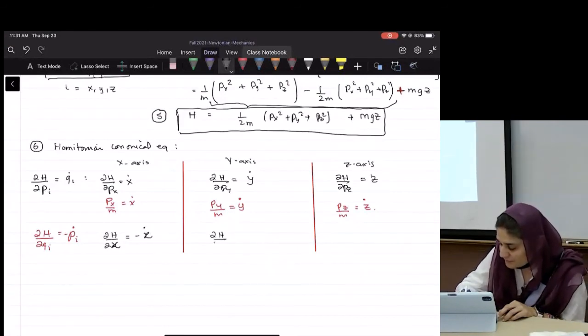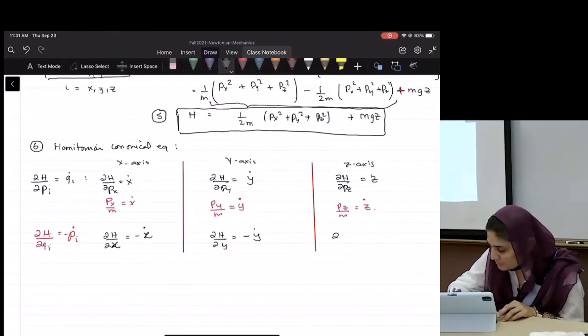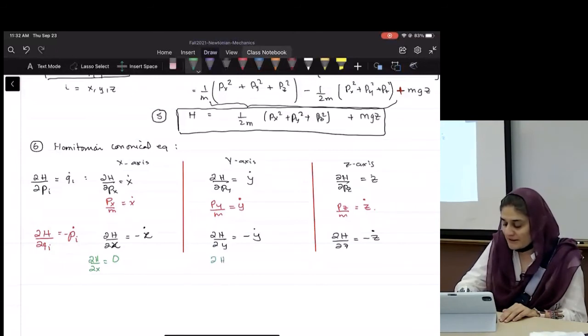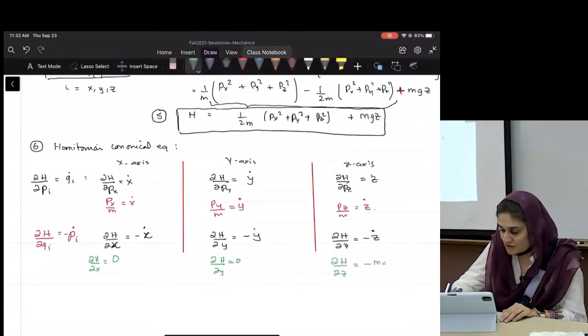Partial h over partial y equals minus p y dot. Partial h over partial z equals minus p z dot. If I do this differentiation, do I get a 0 equals partial h over partial x? Do I get partial h over partial y as a 0? And do I get partial h over partial z as a minus mg?